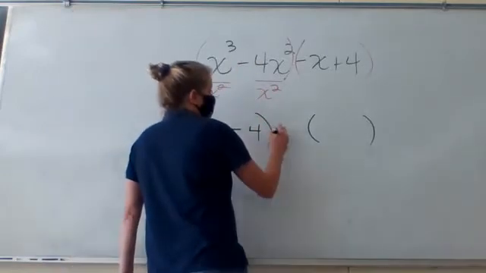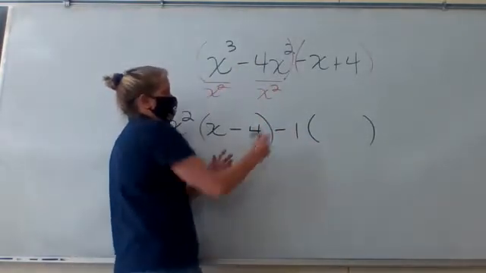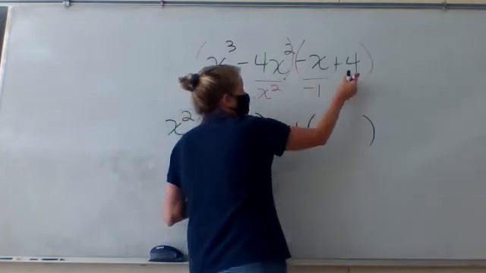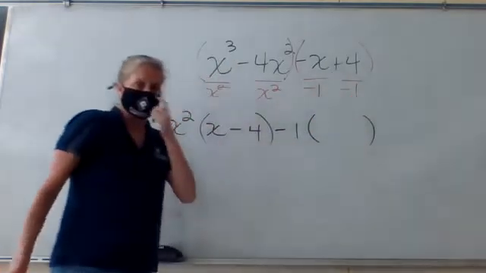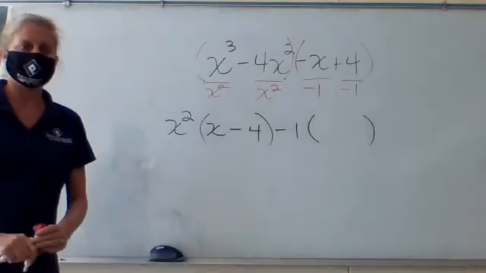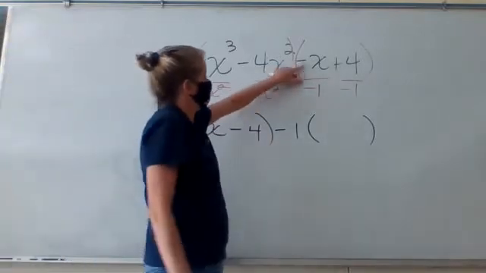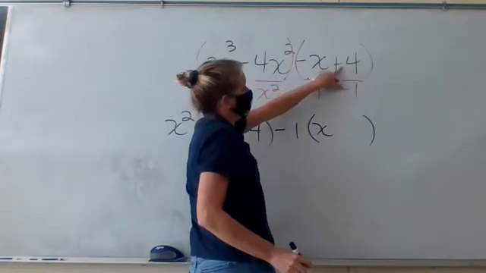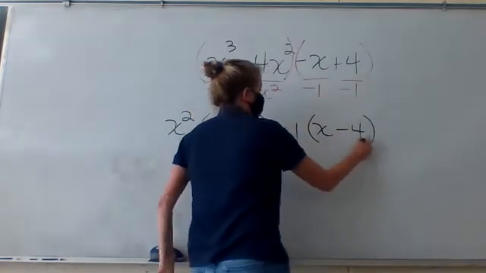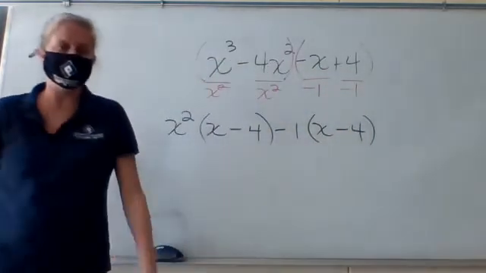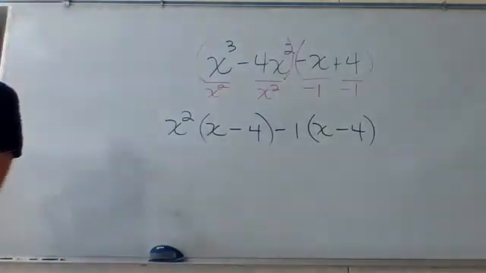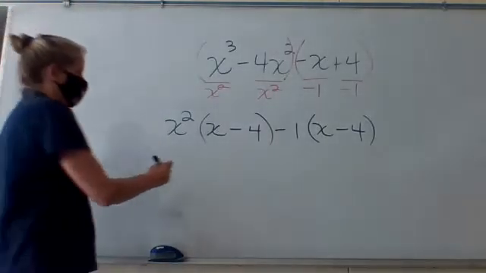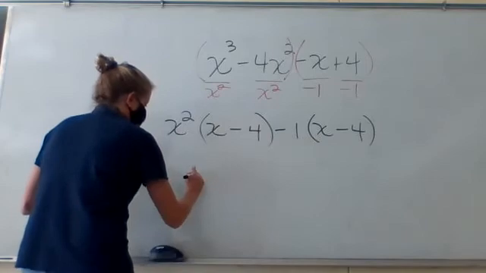And you change signs by pulling out a negative 1, right? Because if you divide those by negative 1s, their signs will change, just like I want them to. So let's see, a negative over a negative turns that to positive x. Positive 4 over negative 1 is negative 4. So now, look, your parentheses are the same. So now you can pull out that x minus 4 from both of those areas.